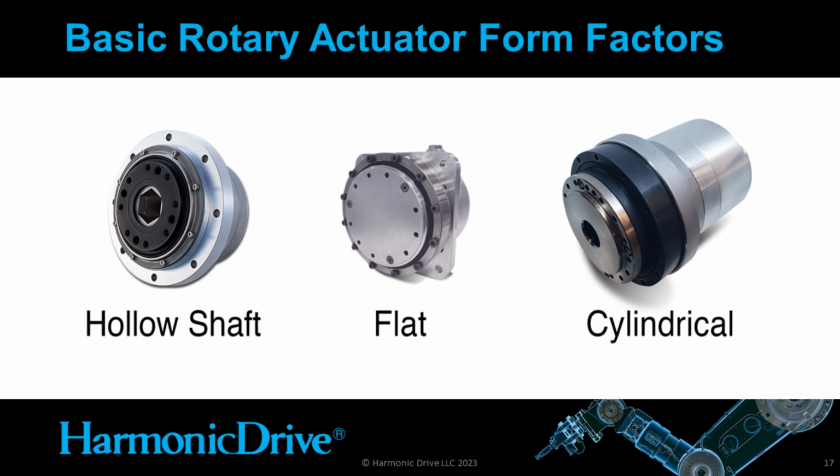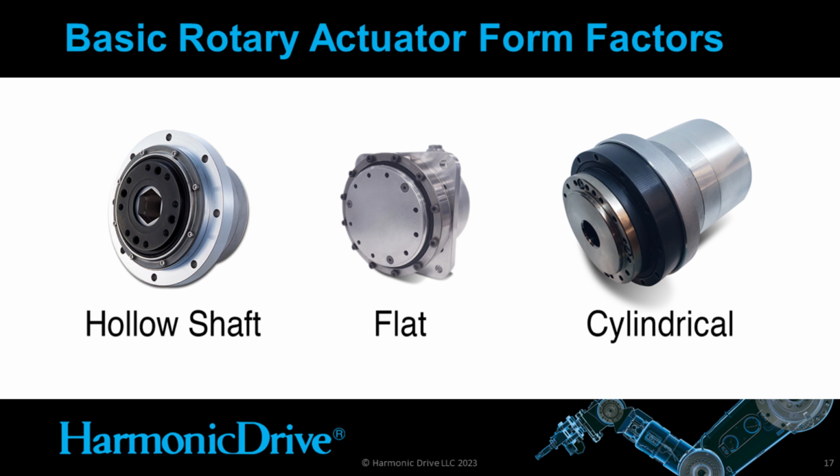Now I will show a couple of basic form factors that you may see. The first is a hollow shaft. So these are usual in robotics applications for passing wires, shafts, tubing, and other similar things through the center of the actuator. In the center here, we have a flat form factor.